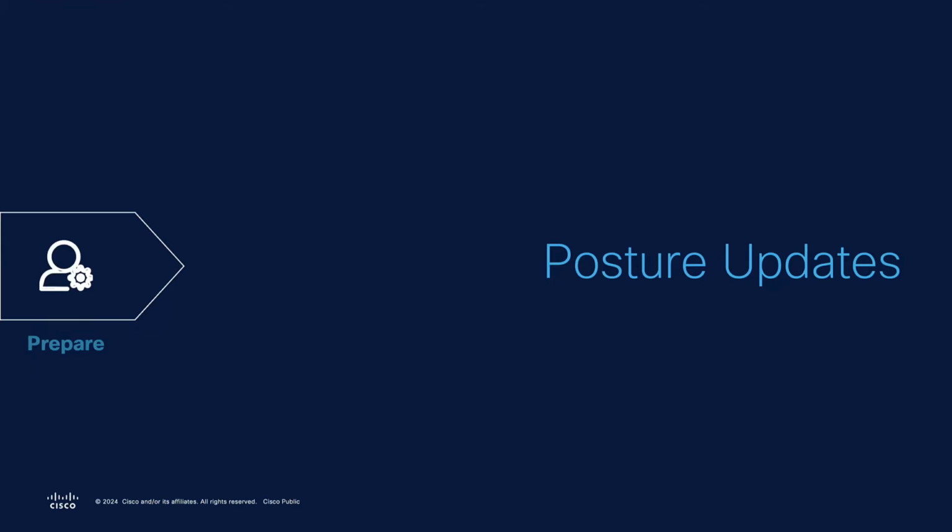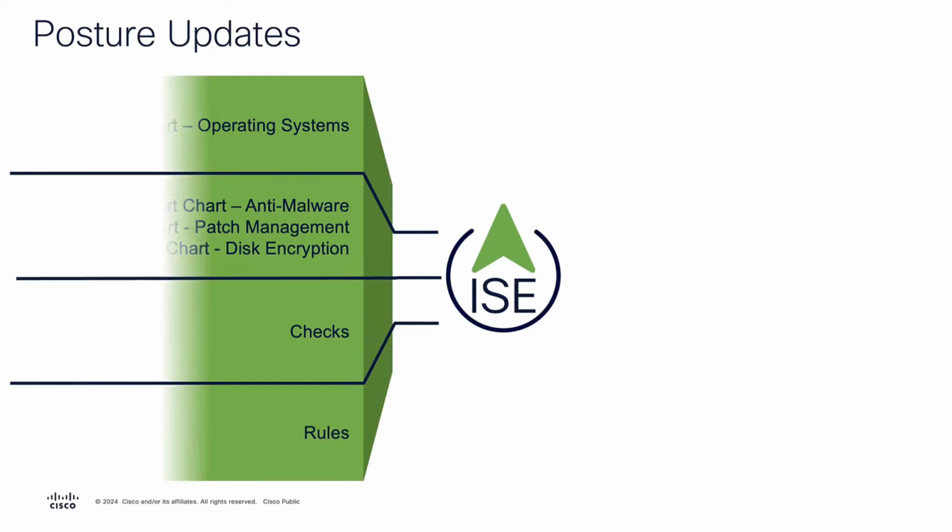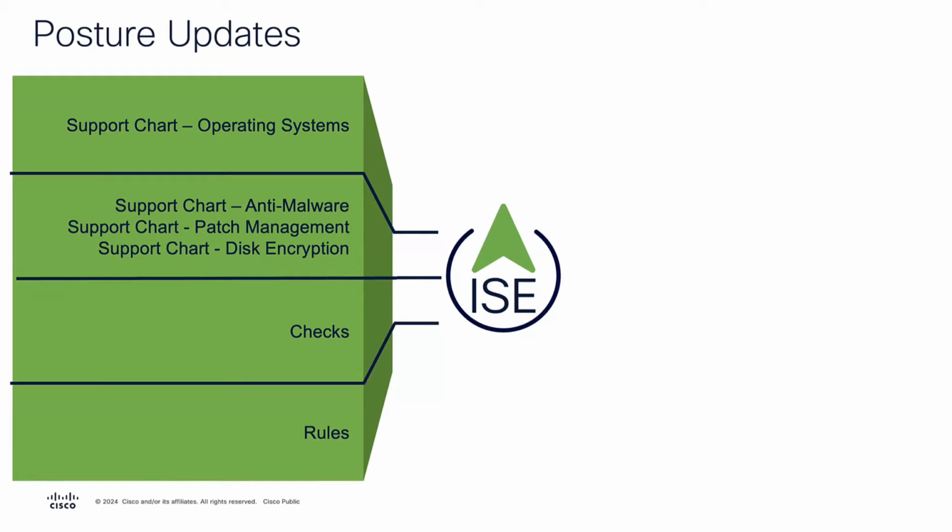Now, the next aspect under preparation, the posture updates. What exactly is the posture update? Well, basically, whenever you want to create a posture policy, or whenever you want to check for so-and-so, consider this example.